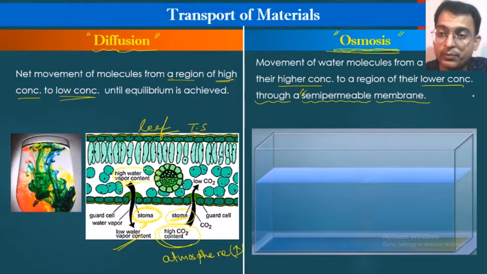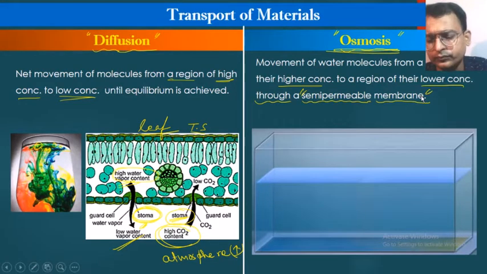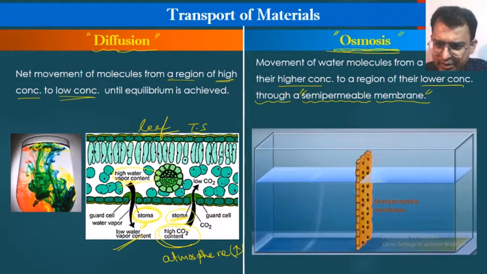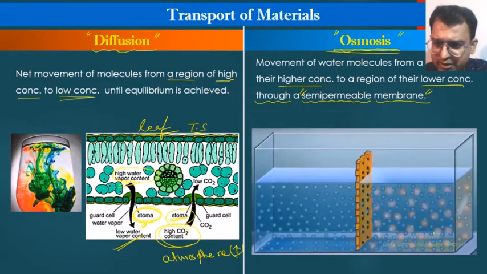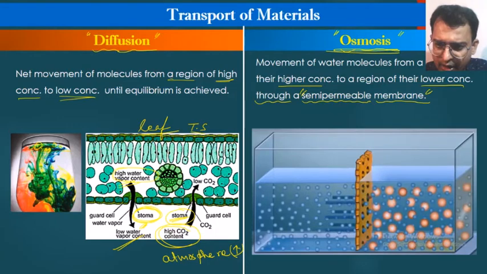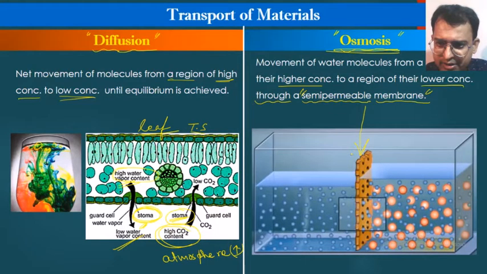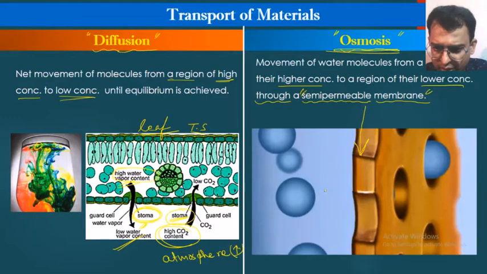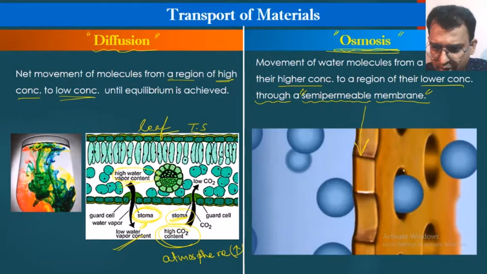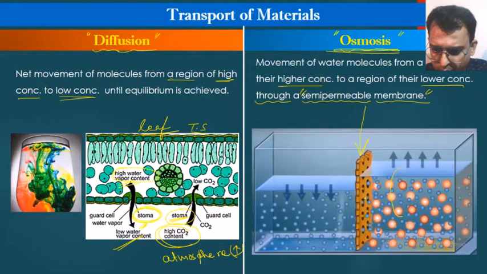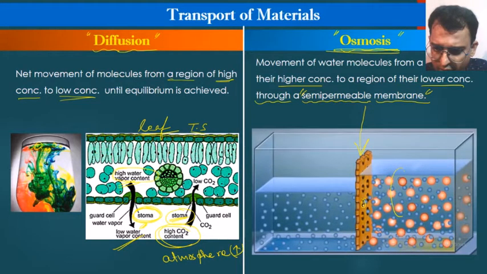Through a semi-permeable membrane. So basically what is happening is, considering that we have water in this compartment and this is a semi-permeable membrane, the water molecules are able to pass through the pores, okay, through these pores the water molecules are able to pass through.